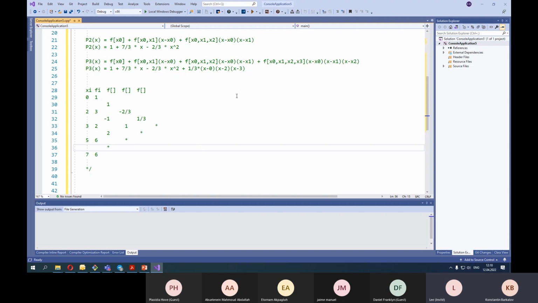And this form of a polynomial is simpler in computations. It's simpler to compute a polynomial using the Newton form in comparison with the Lagrange form of the interpolating polynomial.